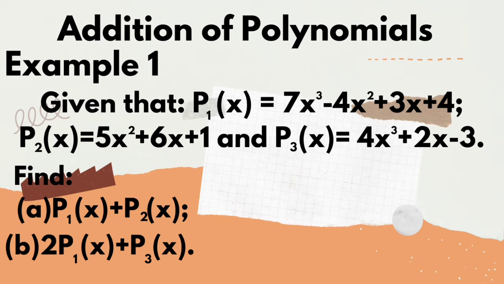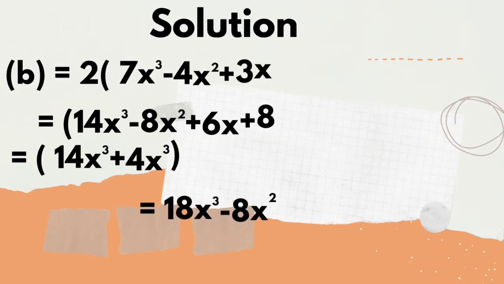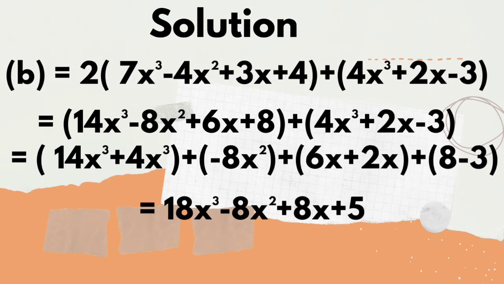If you multiply by minus 4x squared, it gives what? Minus 8x squared. And if you multiply it by 3x, it gives what? 6x. And if you multiply it by 4, it gives what? 8. Then add it to P3.